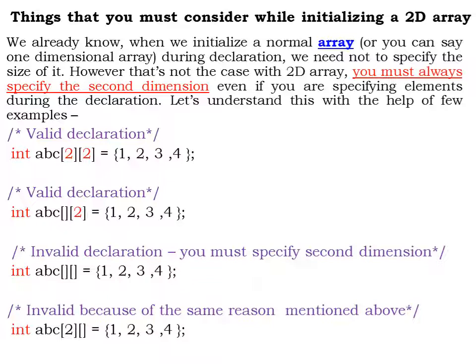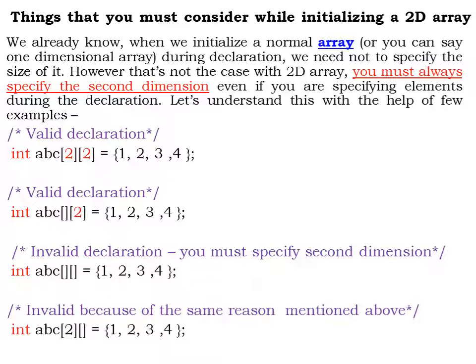In this case I have specified neither the first dimension nor the second dimension. So this is an invalid declaration of a 2D array. Another example: I have specified the first dimension value but not the second dimension value.